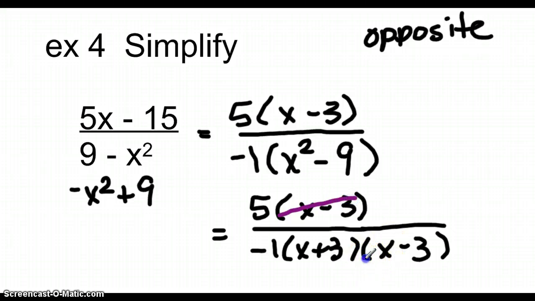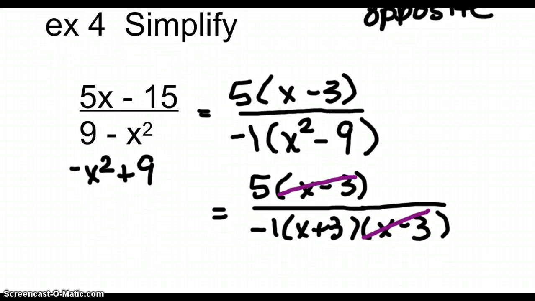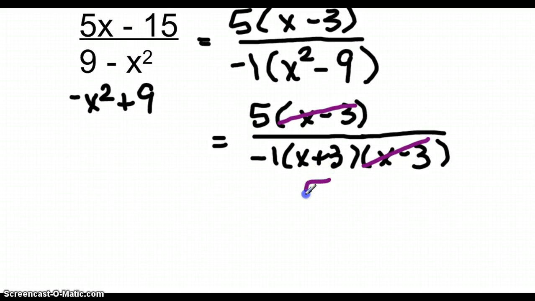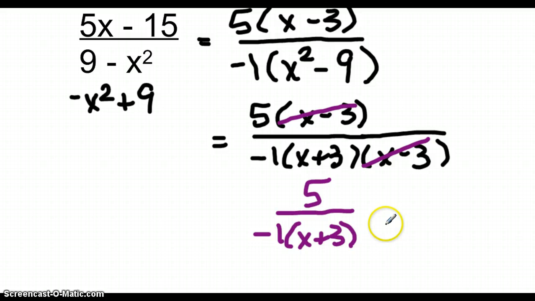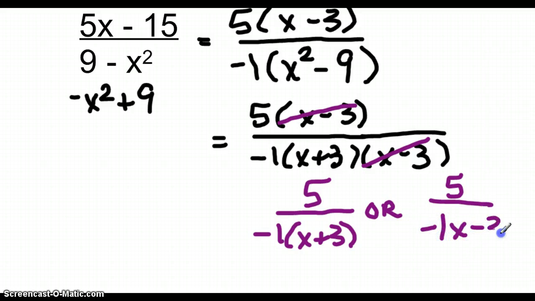Now these two pieces will cancel, which means that on the top I'm going to be left with 5. On the bottom I'm going to be left with negative 1 times x plus 3. Now some people, once it's done, may actually distribute that negative 1 on the bottom, or it might look like this. So either one of these would be acceptable ways to see the answer.